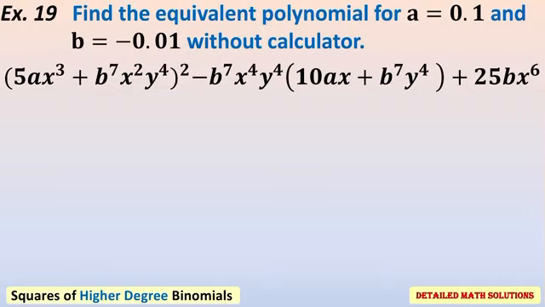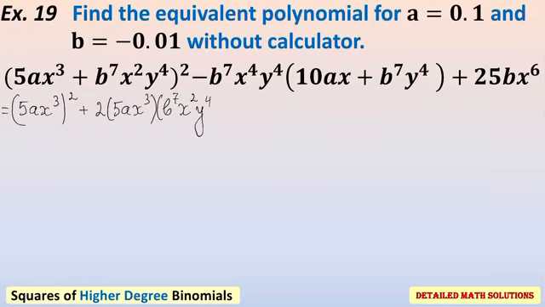When I do that, this equals (5ax cubed) squared plus 2 times 5ax cubed multiplied by b to the 7th power x squared y to the 4th power, plus (b to the 7th power x squared y to the 4th power) squared.